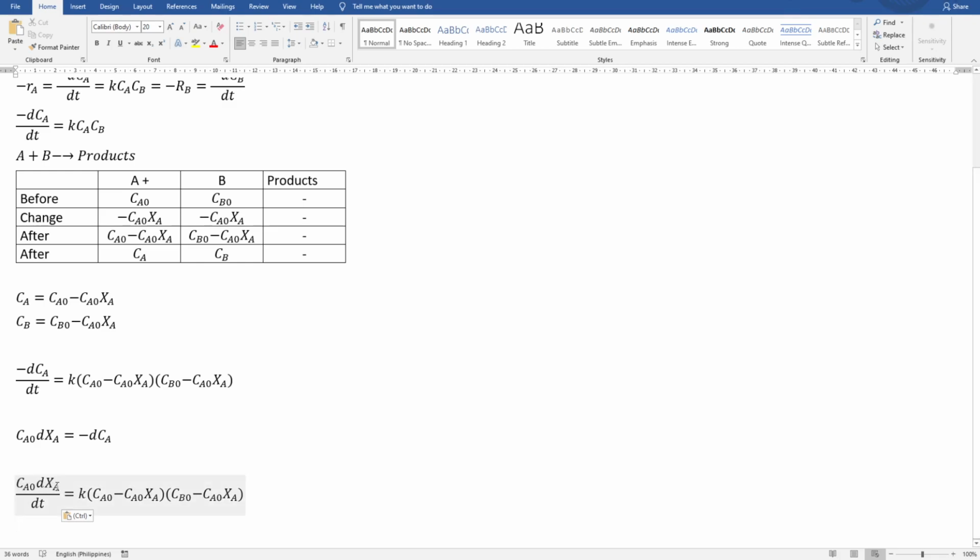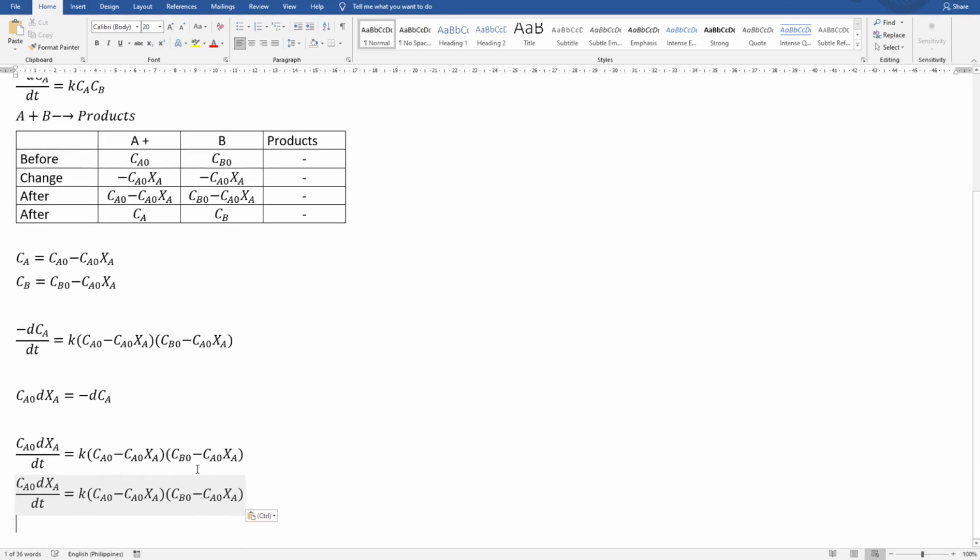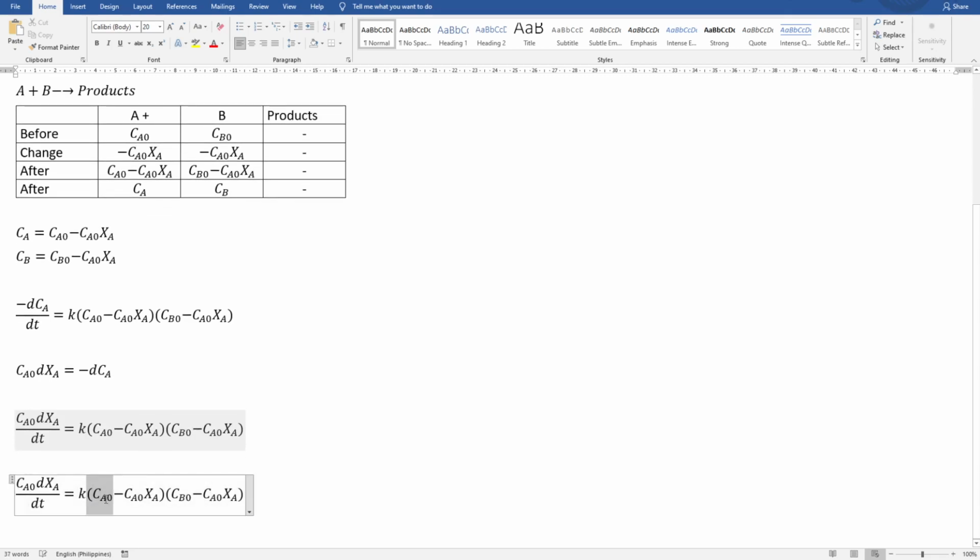So we have CAO dXA over dt is equal to k CAO. So we could factor out the CAO here. If we factor out the CAO, this should be 1 and this is deleted.